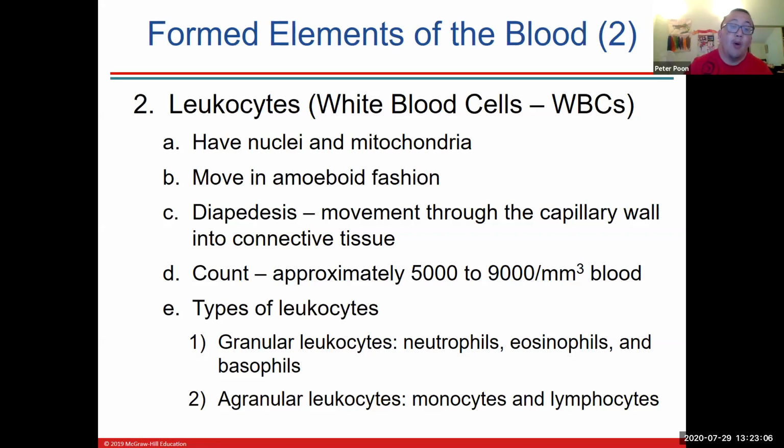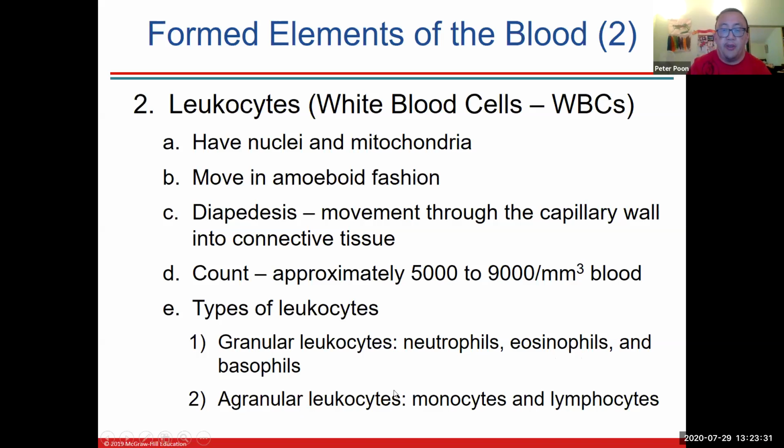Okay. So white blood cells have nuclei and mitochondria. They move like amoebas, so in an amoeboid fashion. So the types of leukocytes: granular leukocytes have granules in them, that's why they're called granular leukocytes.